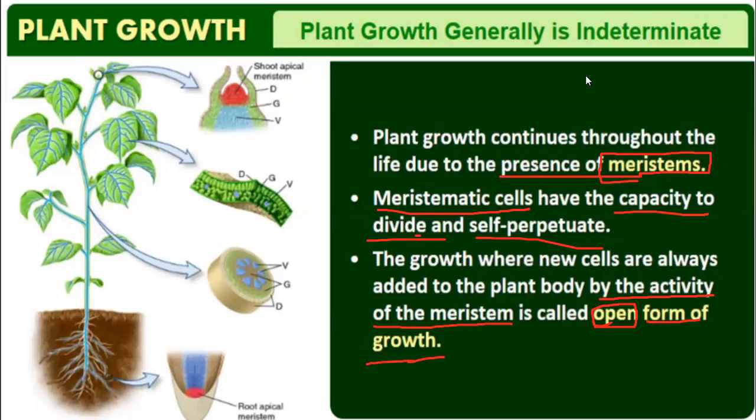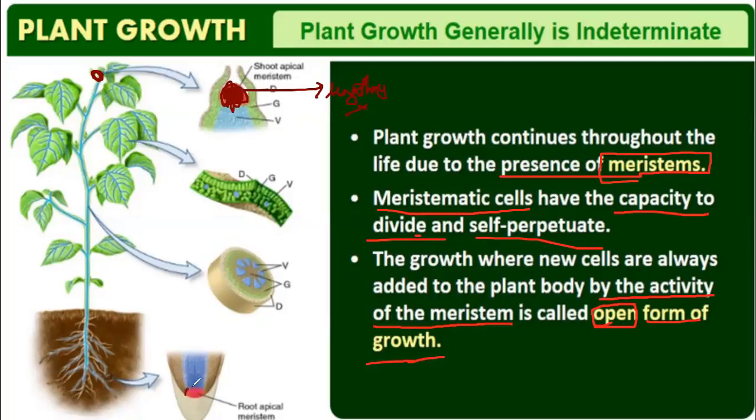If you take into consideration the plant, at the tip of the shoot, which I'm indicating with a brown color, you can see the presence of what? The shoot apical meristem, that continuously helps in the lengthening of the plant.